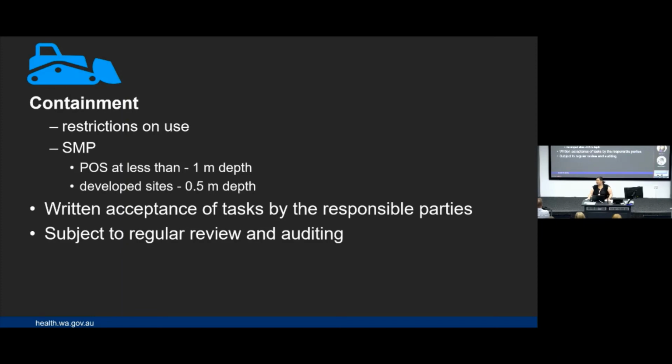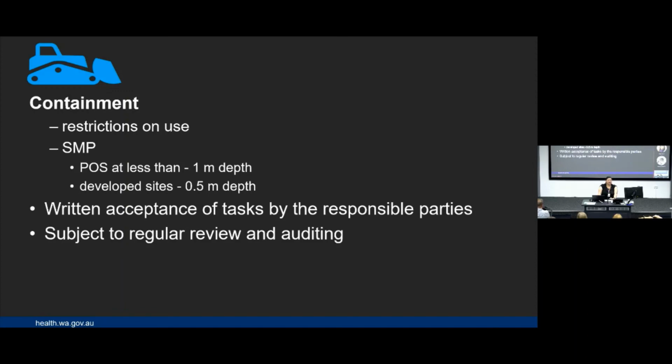The other thing is we really do want you, and I think the contaminated sites team at DoH also like to see this as well, is written acceptance of tasks by the responsible party. So if you're handing it over to local government, or to someone else to control the site, we want to be assured that they understand the roles and responsibilities you've given them under the site management plan to manage cover, to manage maintenance activities, to manage work exposure of workers, to have training programs and safe systems of work in place.